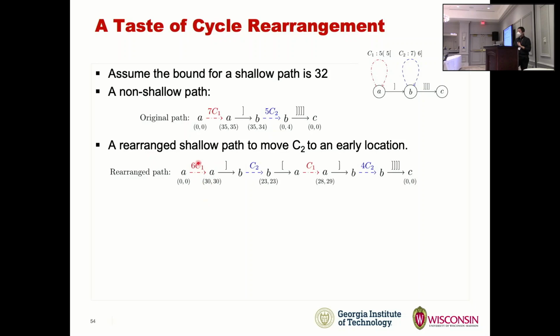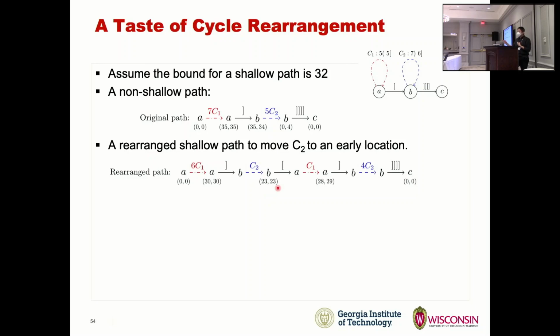Then we are at 30 and 30, which is below this threshold, so by definition it could be a shallow path. Then we go from A to B and use this negative cycle to consume some positive values. Then we will be at 23 and 23.